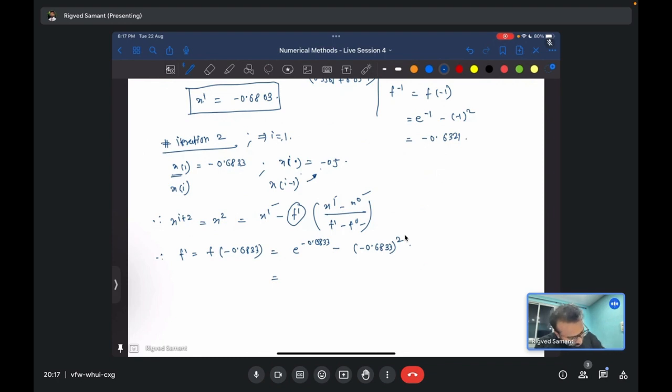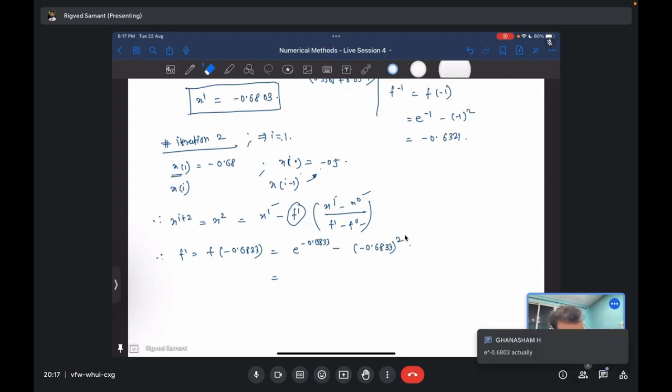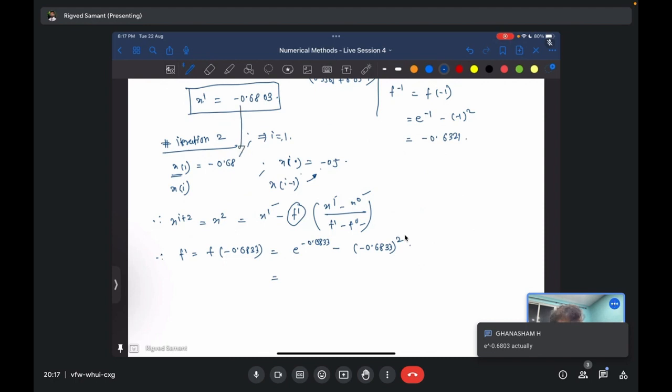This value only we are considering here. This is 0.0436.